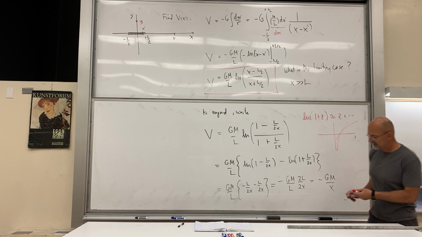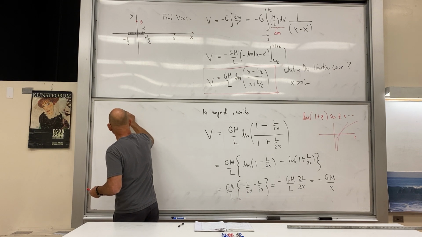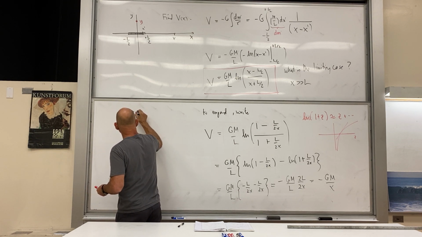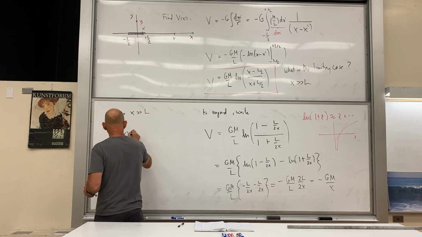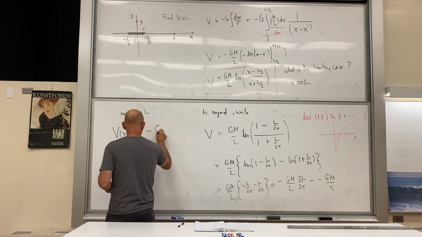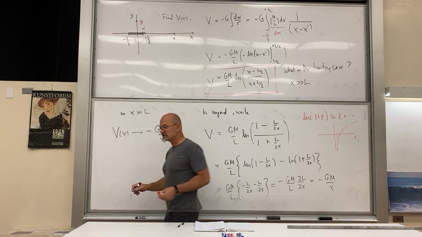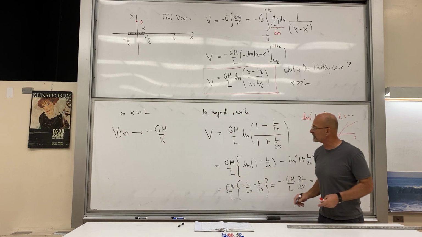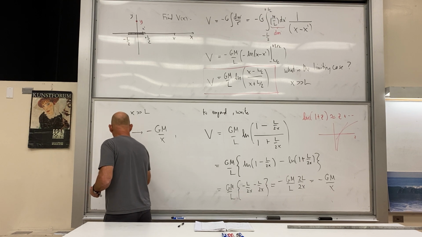So that is a satisfying result. As x is much greater than L, we can say that v of x tends towards minus gm over x, which is the point mass result.